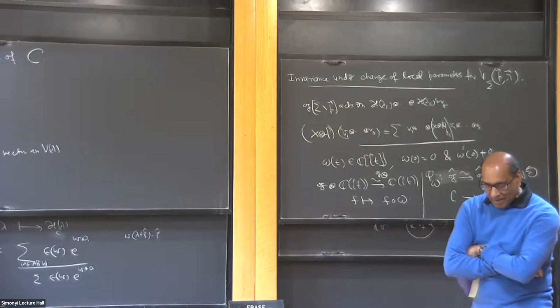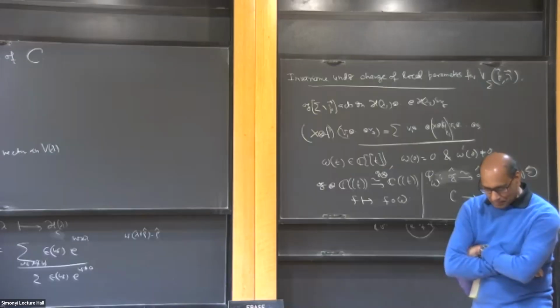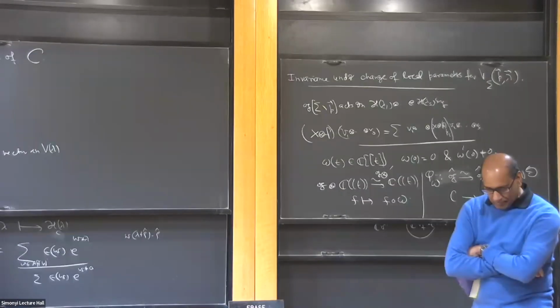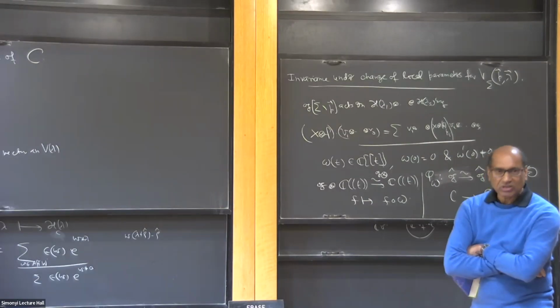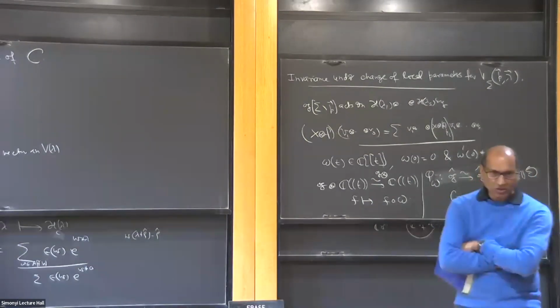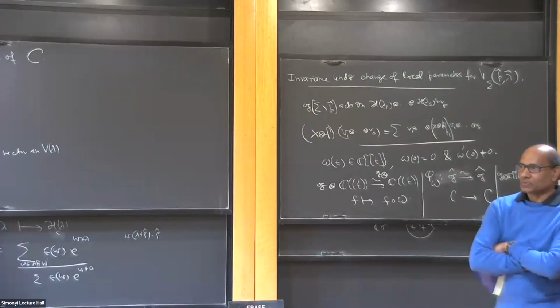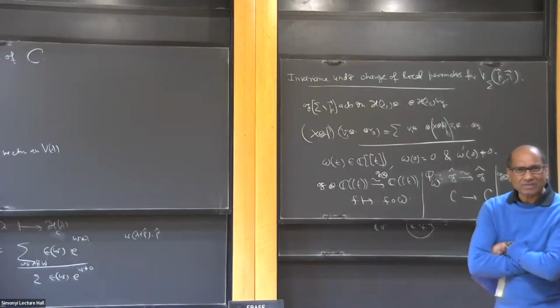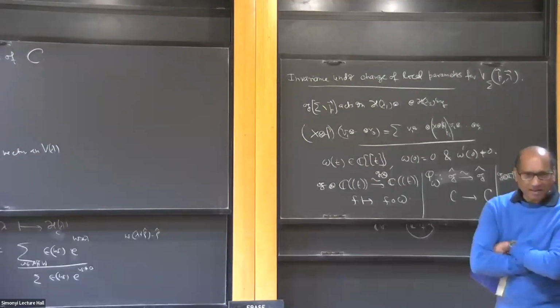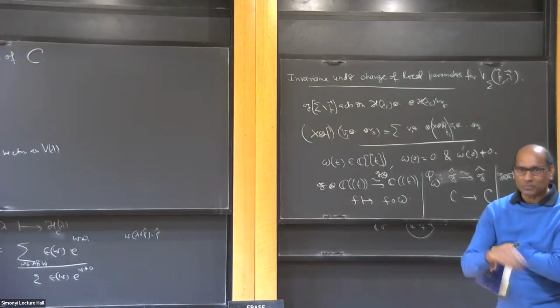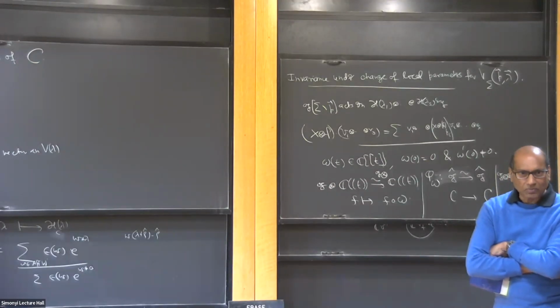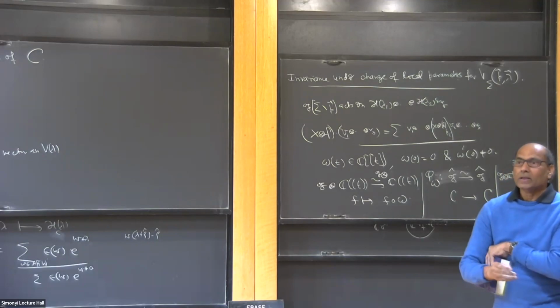So see what happens. To prove that an integrable highest weight module is irreducible, the way one proves it, even in the finite dimensional case, at least I can tell you one proof. Maybe you know other proofs.